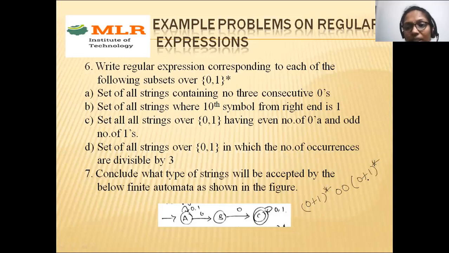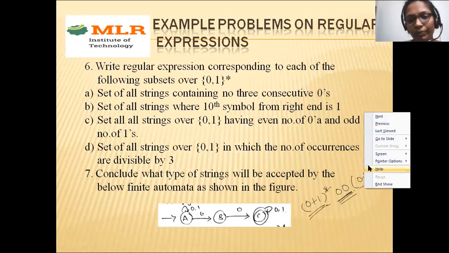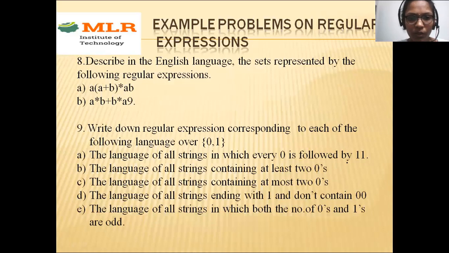So this is the expression for the substring 00. This is actually the NFA for the substring 00. So in every string, 00 is mandatory. Before the 00 you may have any combination, and after the 00 also you may have any combination, right? So these are all homework problems only.